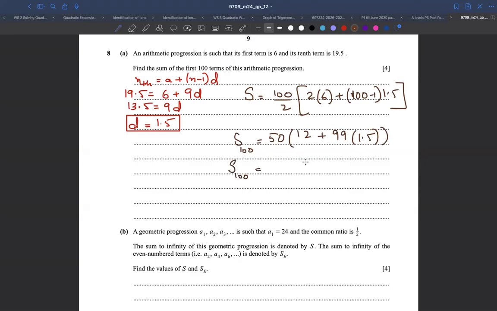What is the final answer? 8025 is the sum of the first 100 terms.